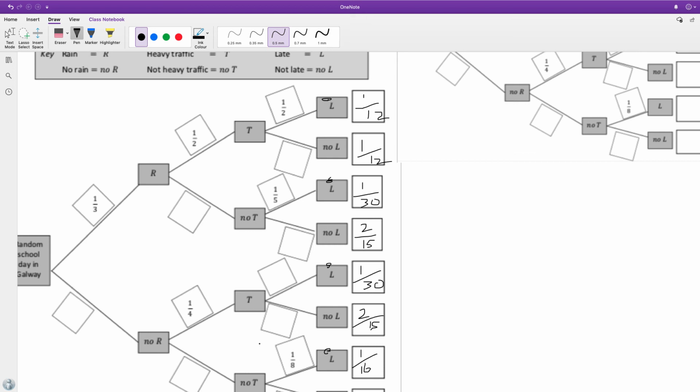Does anyone know the formula when they're dependent? What is the probability of A given B when they're dependent? Probability of A intersection B over the probability of B. Exactly. Right. What is A? What is B?